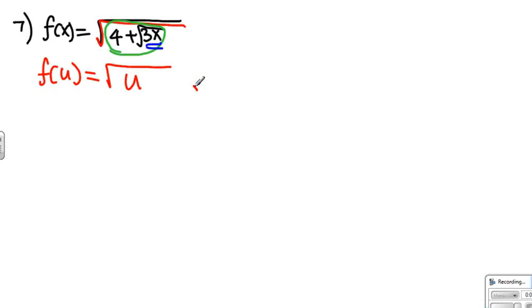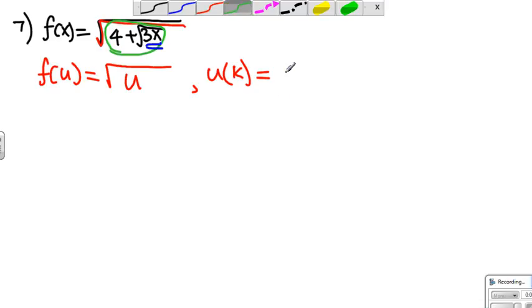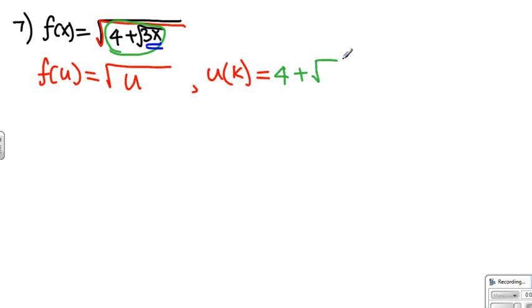Now let us say u of k would have been equal to, let me just use the green, 4 plus square root of k. Since the innermost area has another value, we call that k. The third one would be k is equal to 3x. So we see these 3 layers of expression coming together to make f of x.